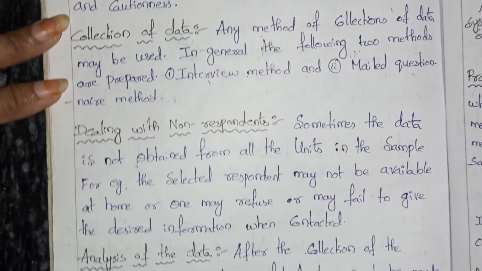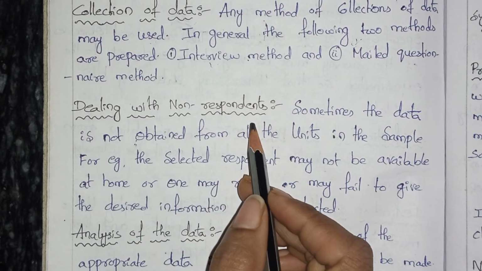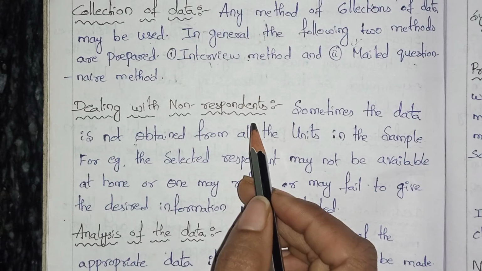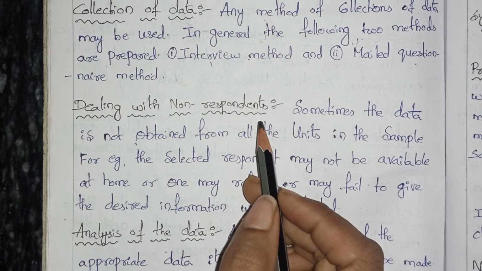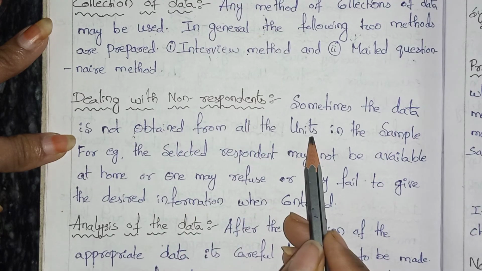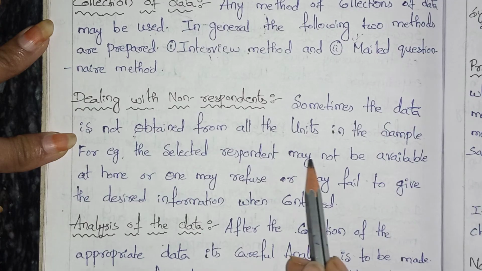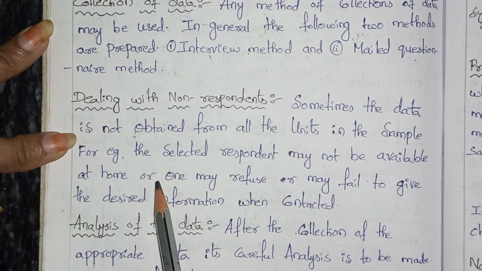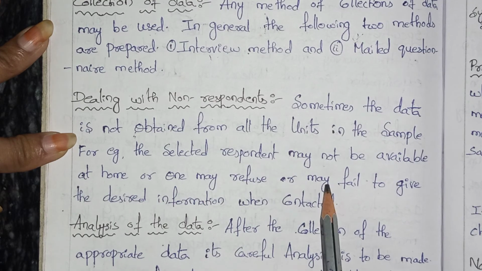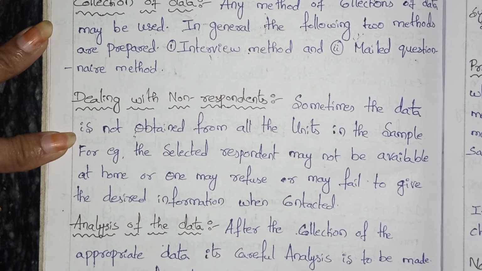Next, dealing with non-respondents. As we discussed, for the persons who do not respond to the survey, what steps do we have to take? Sometimes the data is not obtained from all the units in the sample. For example, the selected respondent may not be available at home, or one may refuse or may fail to give the desired information when contacted.